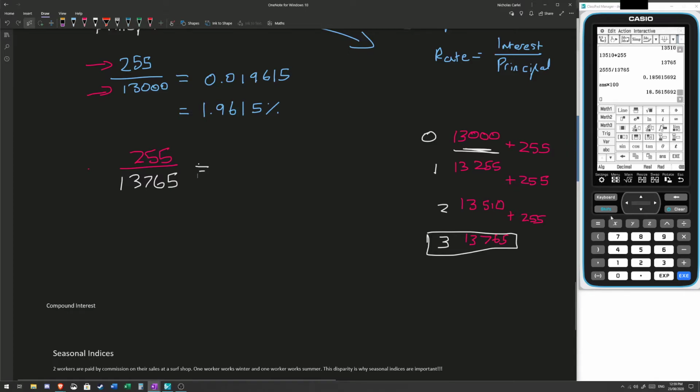I think I've added one too many 5s up here. Multiplied by 100. I did that very quickly. Let me know if you need me to slow down. Our interest rate is 1.8525%.